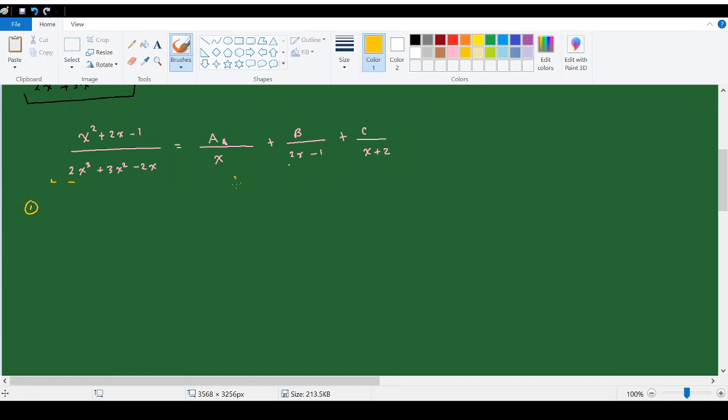For both the first and the second techniques, first of all we should multiply everything by the factors of this denominator.